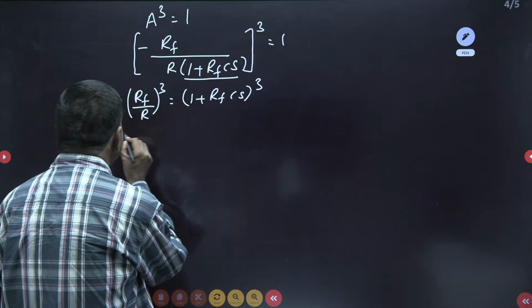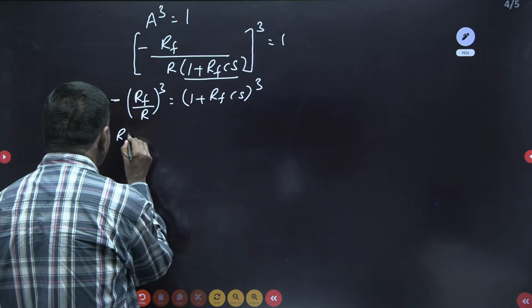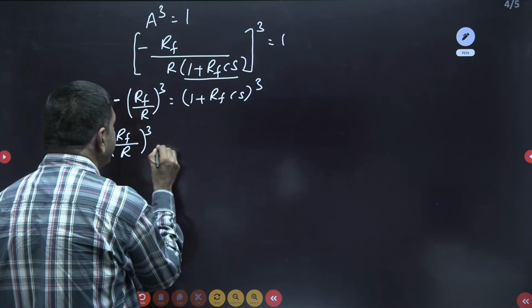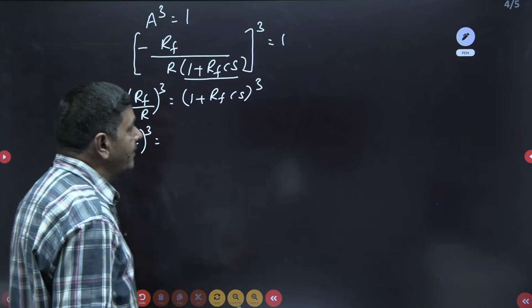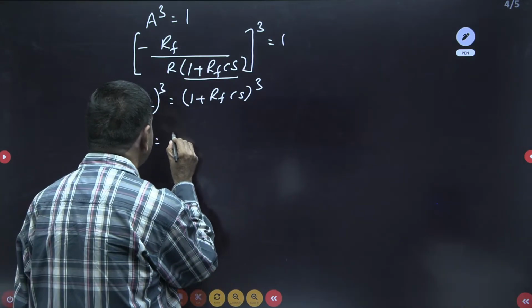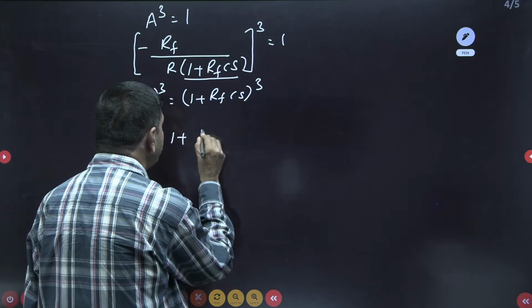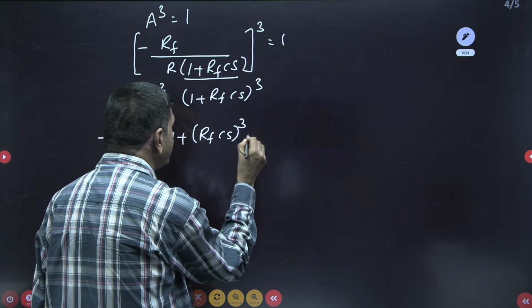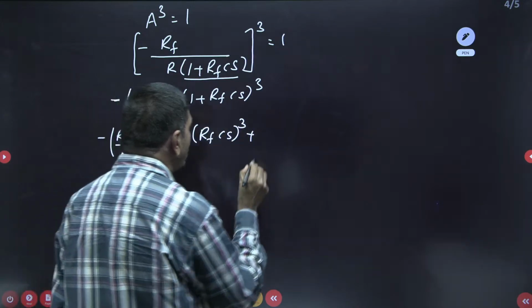I can write this as minus RF by R whole cube, and the right side is A plus B whole cube. You know the algebra formula: A cube plus B cube plus 3A square B plus 3AB square.